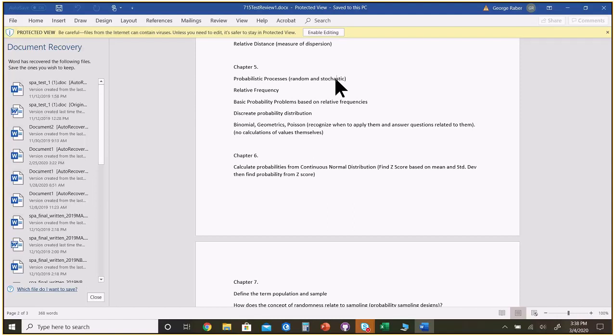So why doesn't every tree grow to be the same height? I mean, they all grow nearly the same height, right? But we know that some of it has to do with the soil, some of it has to do with the sunlight, some of it has to do with this, but we don't understand exactly the process that creates a tree of a certain height. So it's a stochastic process. There's still some level of uncertainty, but we understand some of the variables that go into it that affect it.